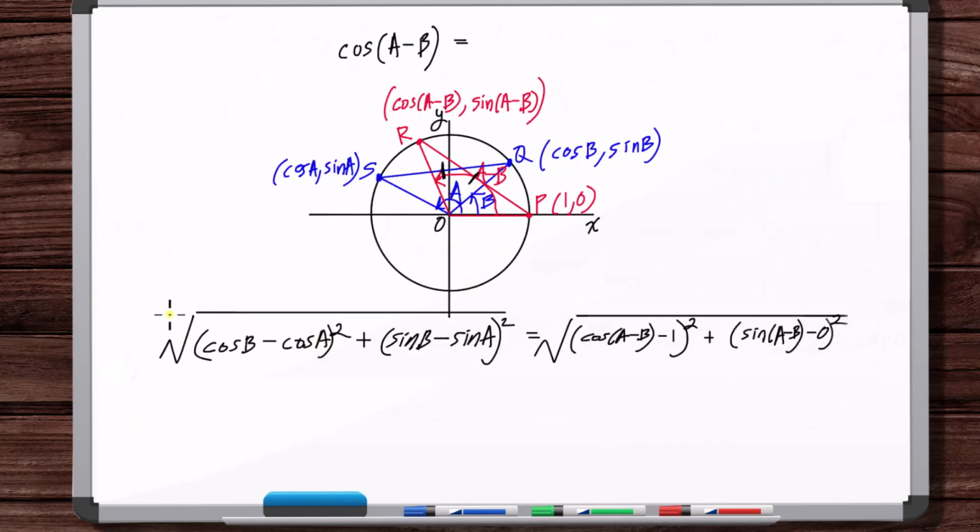All right. Now we want to square both sides to get rid of the radicals.